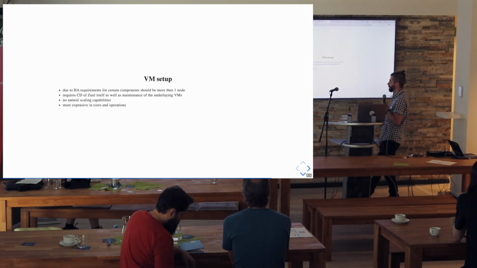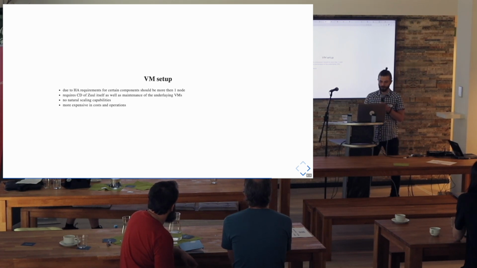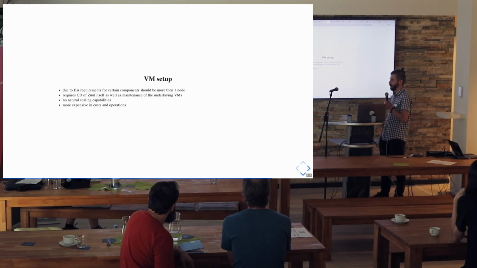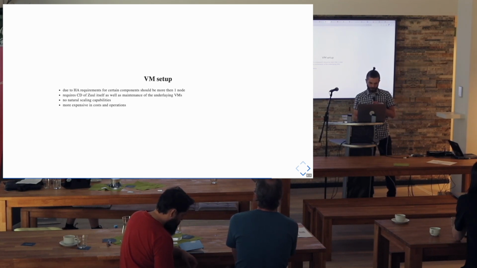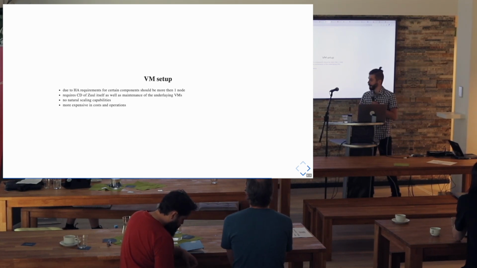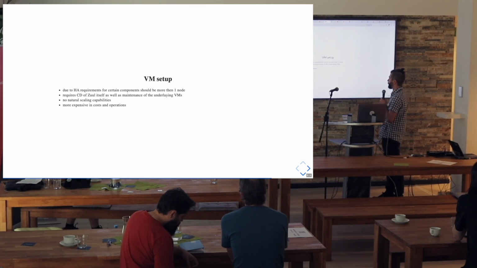And then there are 2 ways to have Zuul running, the first based on VMs. This is the way at least some of the big operators are currently using and deploying it. No natural scaling capabilities, yeah, this is one of the things.